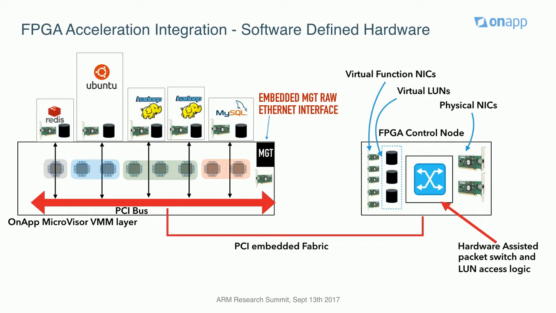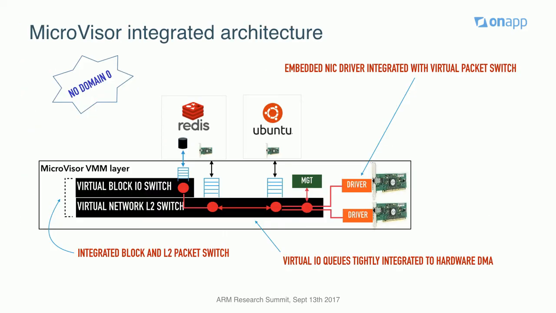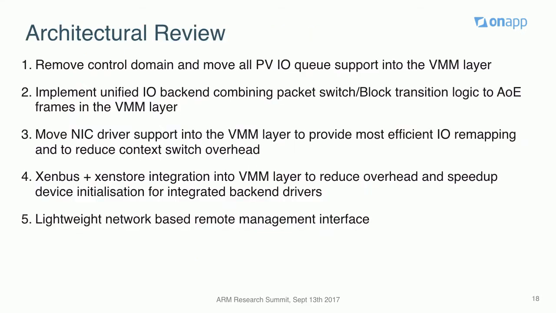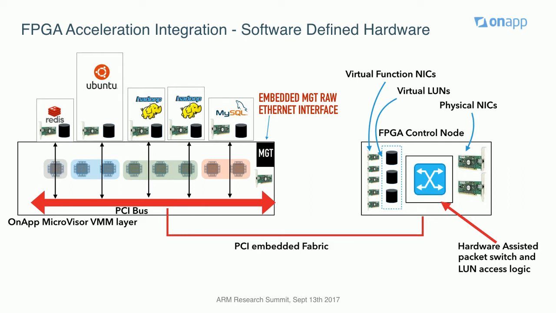And as I mentioned before, particularly for storage, we use a very lightweight ATA over Ethernet protocol. Here we've got an integrated block I/O and network handling logical layer that allows us to map virtual block I/O requests directly onto Ethernet frames, which we map through the ATA over Ethernet protocol.